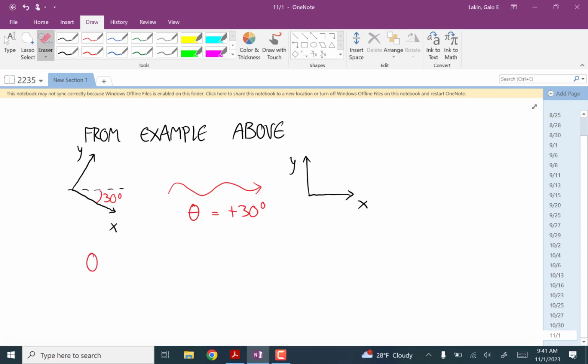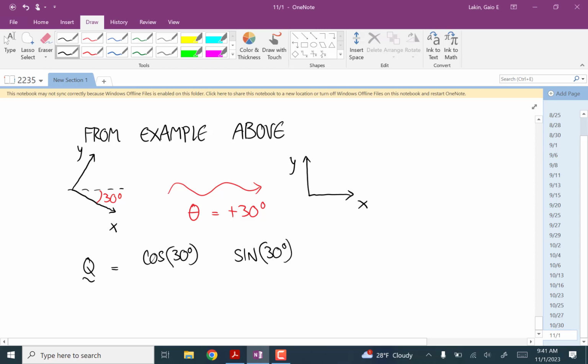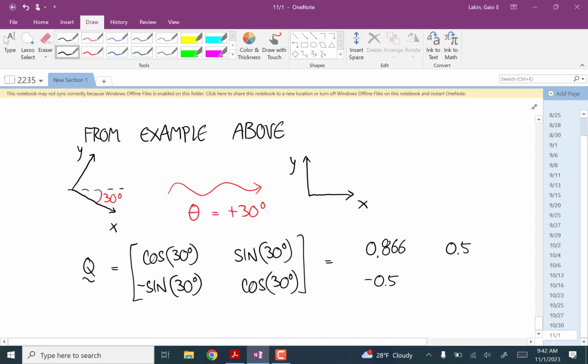So this theta is positive 30 degrees. So our rotation matrix is cosine of 30, sine of 30, negative sine of 30, cosine of 30. And so that's 0.866, 0.5, negative 0.5, 0.866.